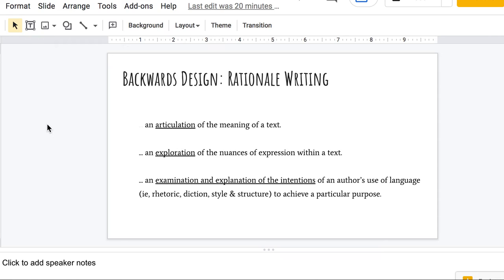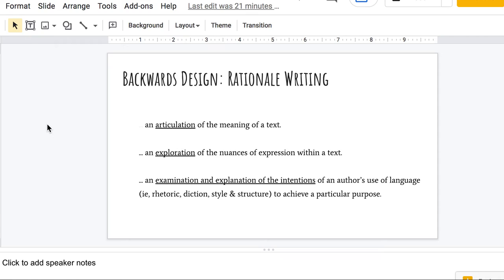And then, as I mentioned at the beginning of this presentation, you go and explain out the intentions of your work, looking at examples of language. So that might be diction, that might be style, that might be examples of satire in your piece, and then being able to connect it back to the intentions and purposes of your work.